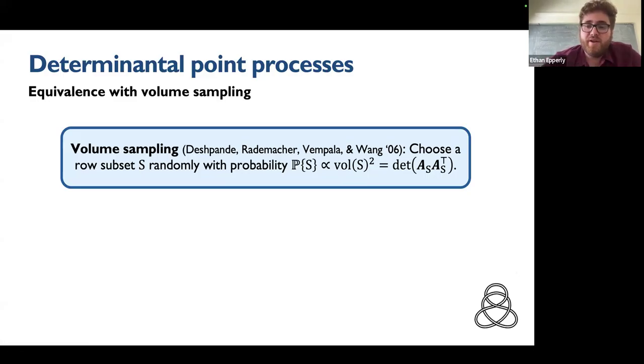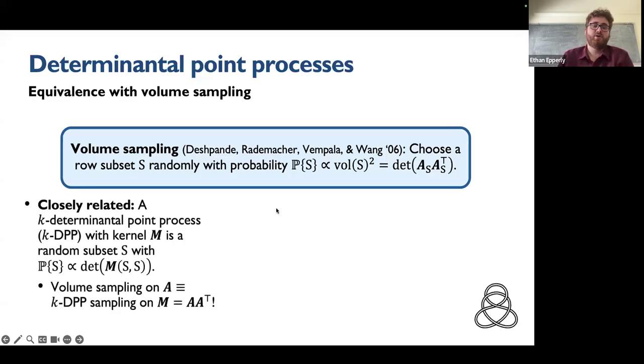For those of you who are familiar, this might bring up a connection to another type of random subset, namely a so-called k-determinantal point process, where a k-DPP with kernel matrix M is defined as a random subset S whose probability is proportional to the determinant of the principal submatrix of M induced by the set S.